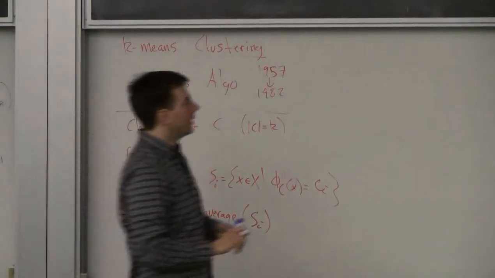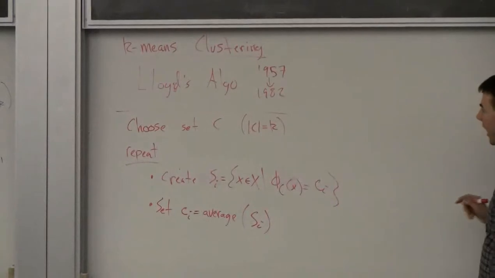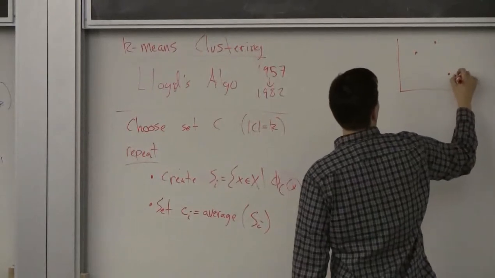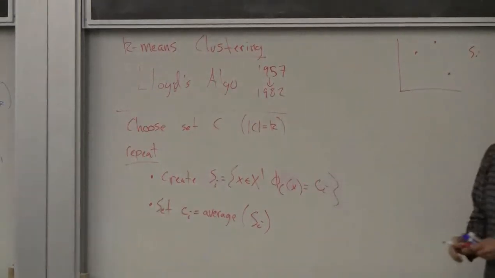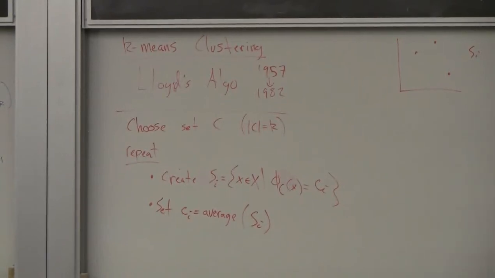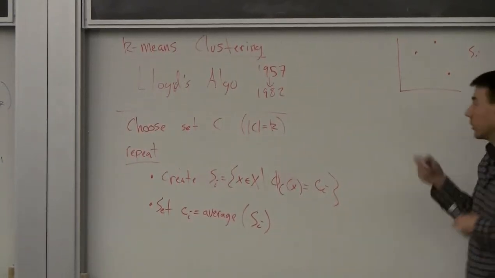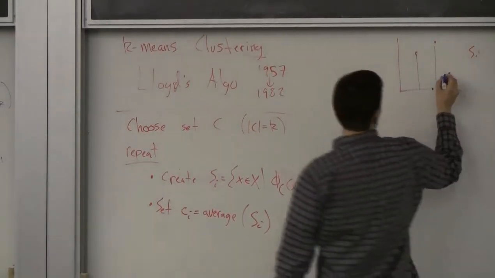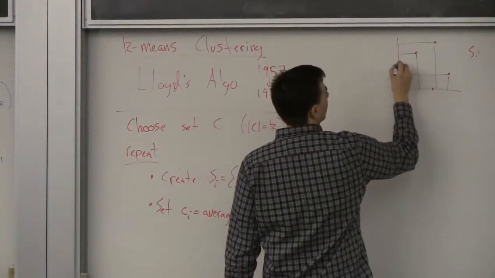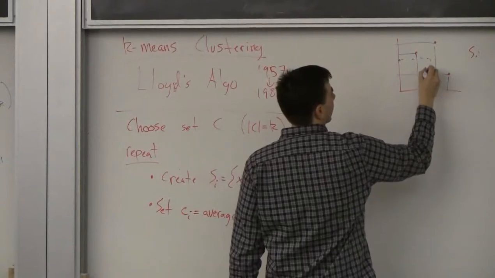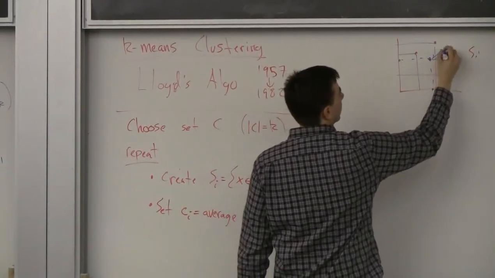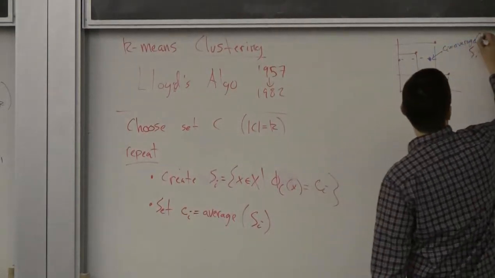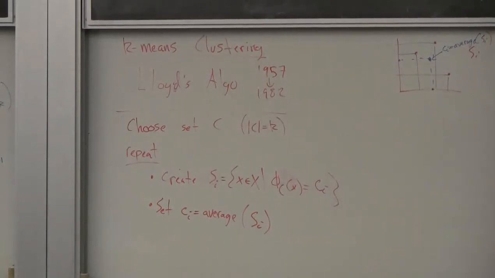So how do I take the average of the set of points? Let's say these points are the set Si. The nice thing about the average is that I take the average of every coordinate, right? I look at the x coordinate and take the average. I look at the y coordinate and take the average, and then this becomes the new Ci, which is the average of Si. Okay?